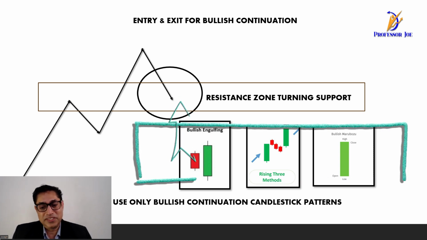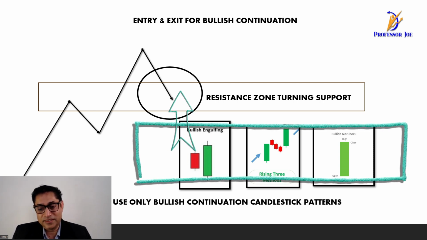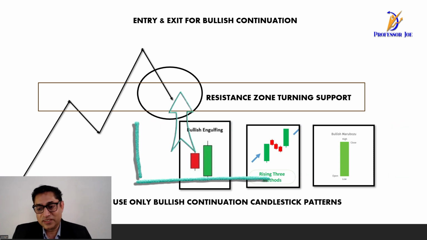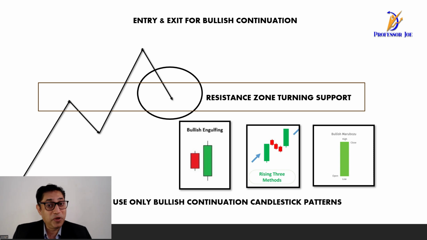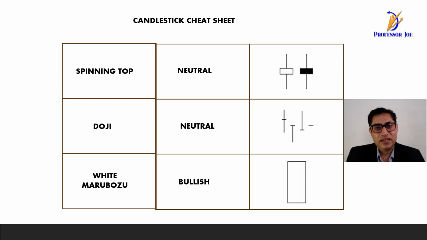So if you see a bullish engulfing pattern, a rising three methods or a bullish Marubozu, you can enter a trade with precision. And how do you exit? When the price reaches a resistance zone and shows a bearish candlestick pattern, you exit. Simple.